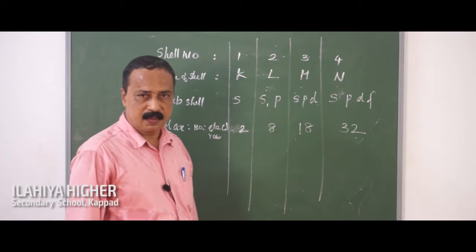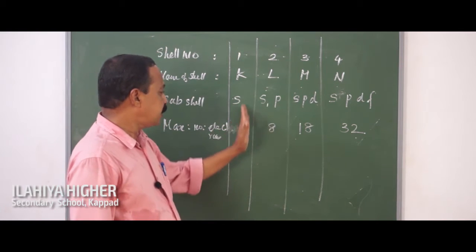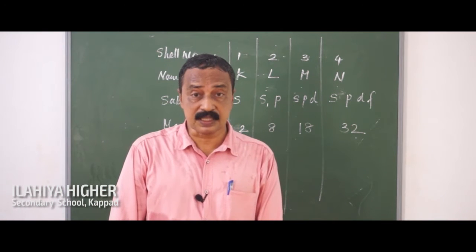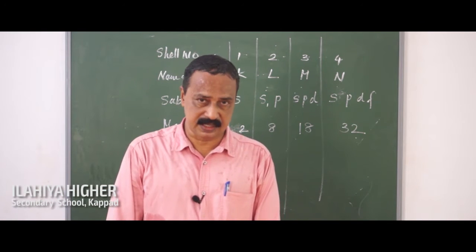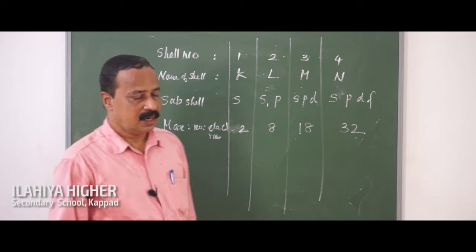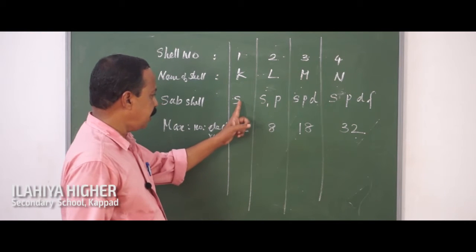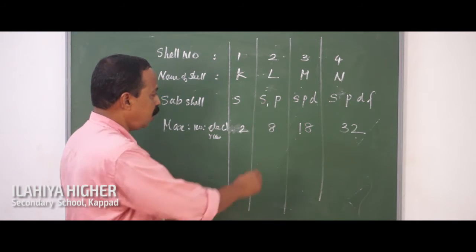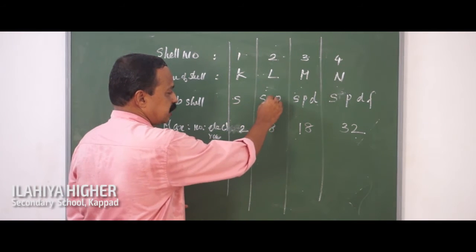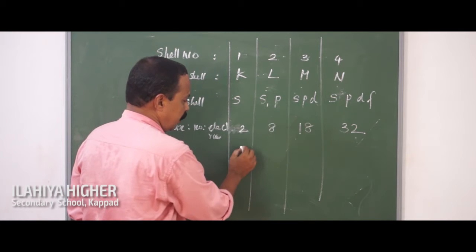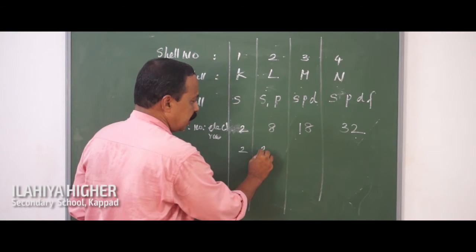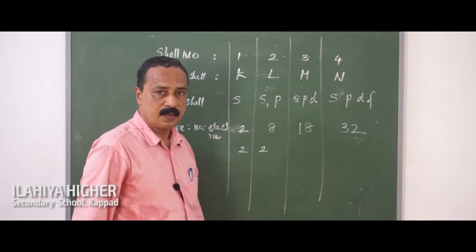Now we can find out the subshell-wise electronic configuration. I am going to write the subshells again. So here also S and P. Maximum number of electrons possible in the S subshell is 2.